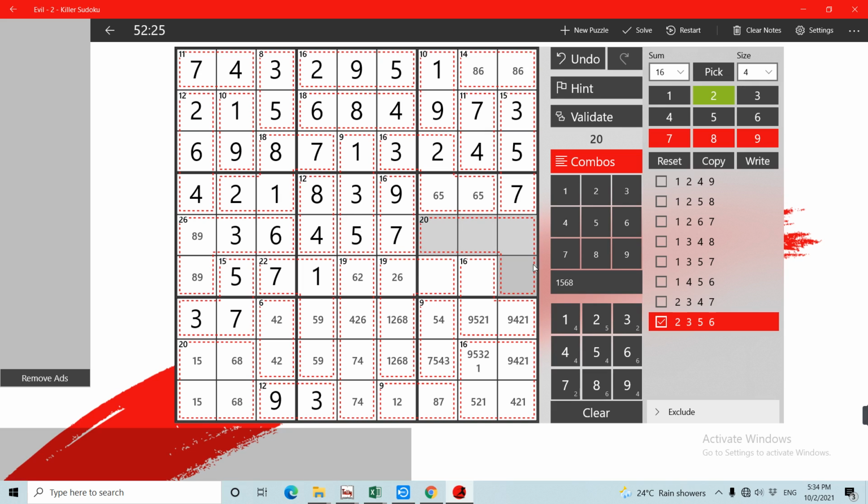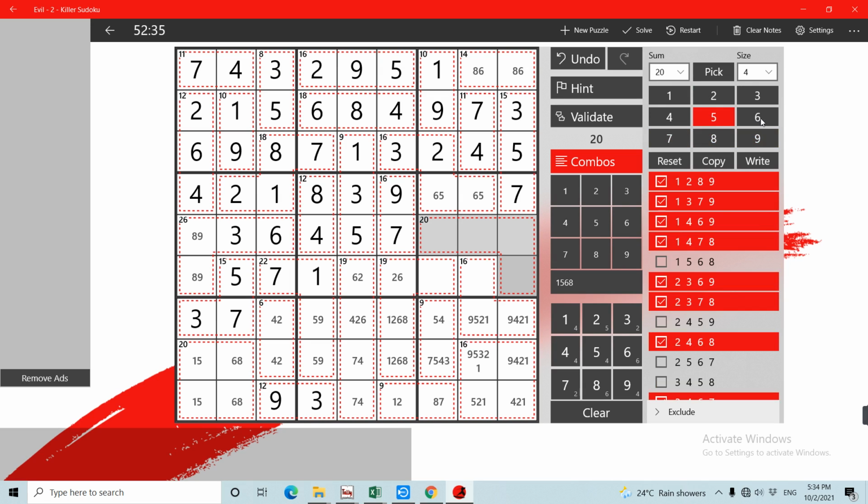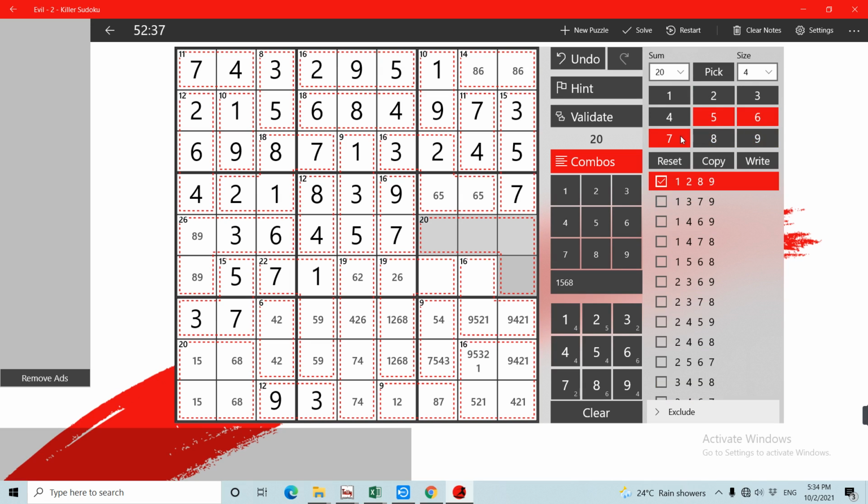Now let's look at this 20, which does not have 5, 6, 7, which means 1, 2, 8, 9. Remaining numbers are 3, 4. I have a 4 here, which means this needs to be a 3.